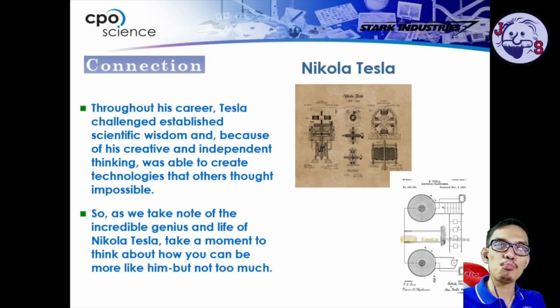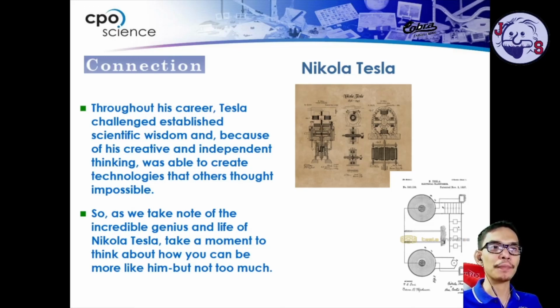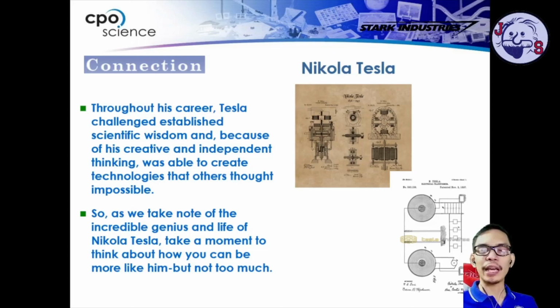So maybe you can live like him, but not too much. That's the take of this topic. The topic that we have today is because of Nikola Tesla, and I hope you appreciate his effort in bringing this invention to us and creating this modern world that we have right now.